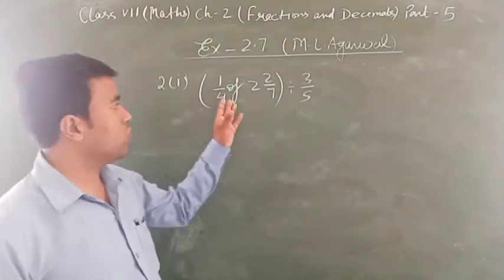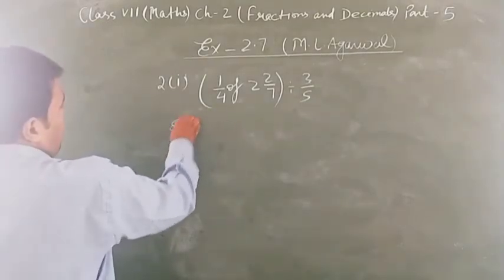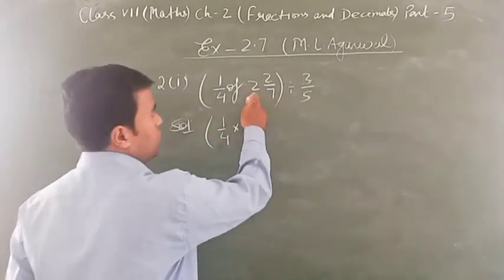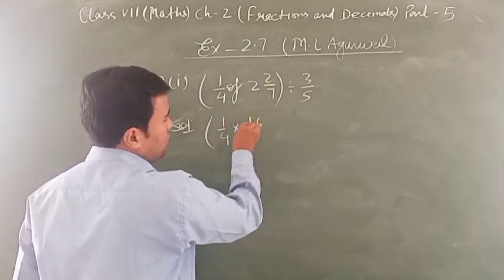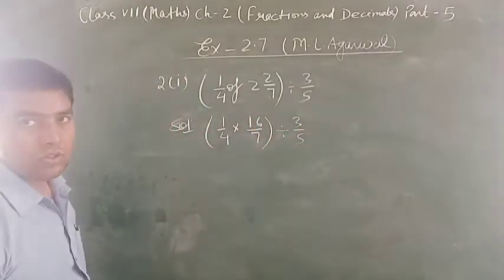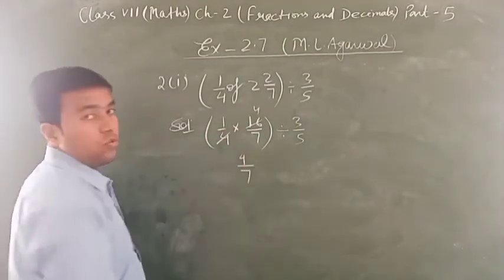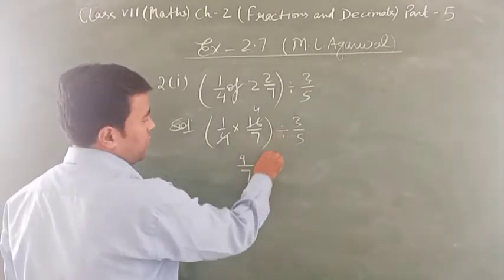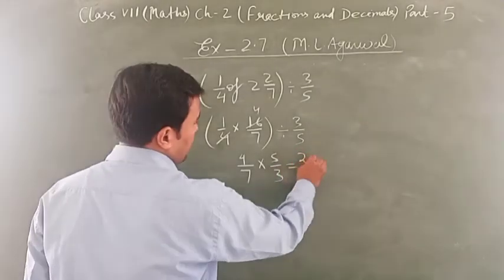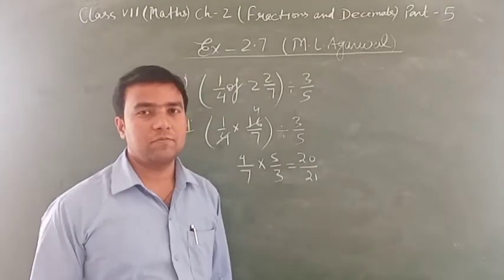Clear? 1 by 4 of means multiply. 7 twos are 14 plus 2 is 16, so 16 by 7 divided by 3 by 5. You will solve the bracket first: 4 fours are 16, so 4 by 7. Divide, change it into multiply, 5 by 3. Clear? 5 fours are 20, 7 threes are 21, so 20 by 21.